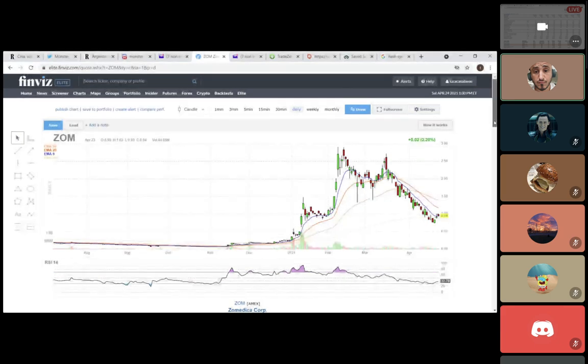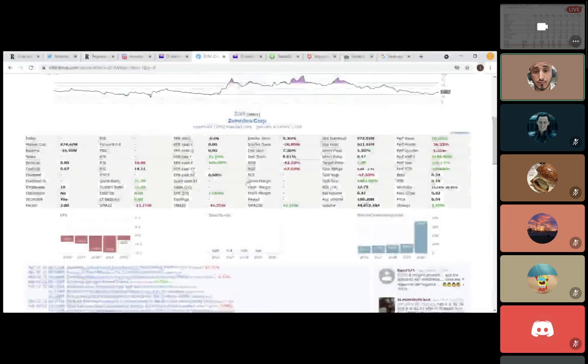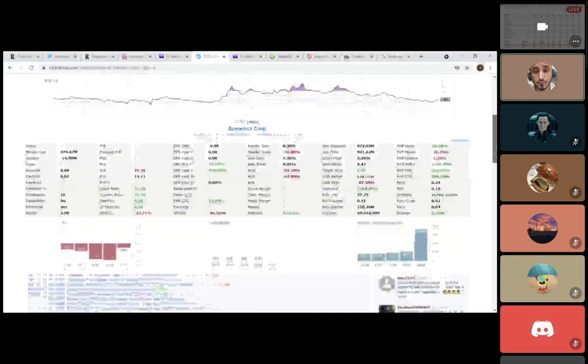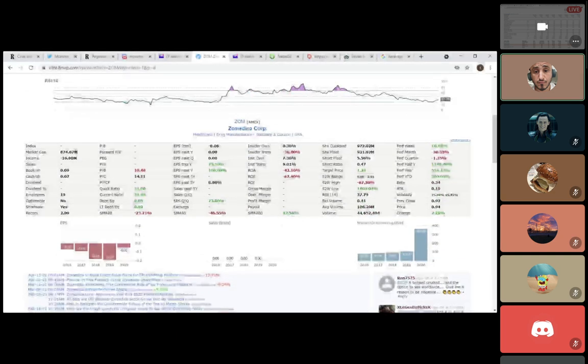Okay, but a company like this with zero revenues and with a market cap, when it was $2.5, it was almost 2.4 billion. The market cap is the value of the company in the market.